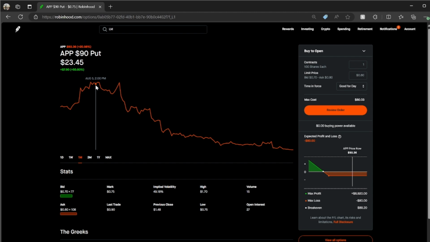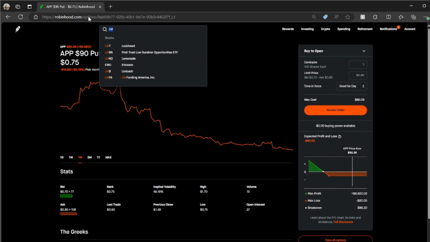And so if you bought these here and held, well, if you look at this chart, you're in for some pain. It peaked from $24 a share, which is 2.4K for the whole contract, all the way down to the 75 cents we're at currently. So that is a massive degradation in value.